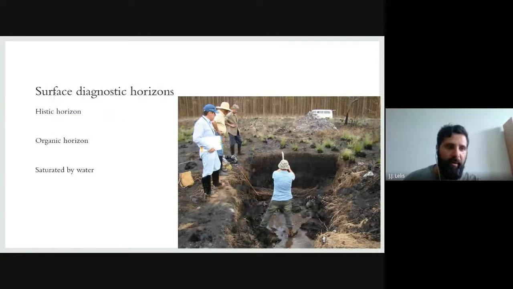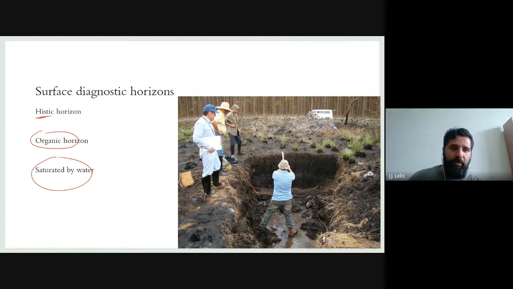And we saw also the histic horizon, that also is an organic horizon, but it's saturated by water. So the histic horizon is formed by water table influence or tidal water. So the organic matter here is accumulated by the influence of water, the opposite condition from the folic horizon.